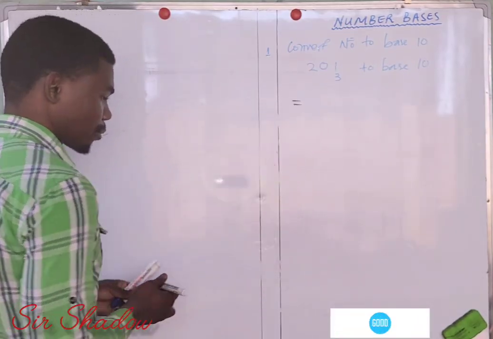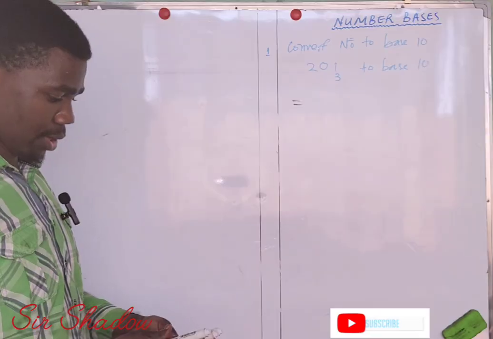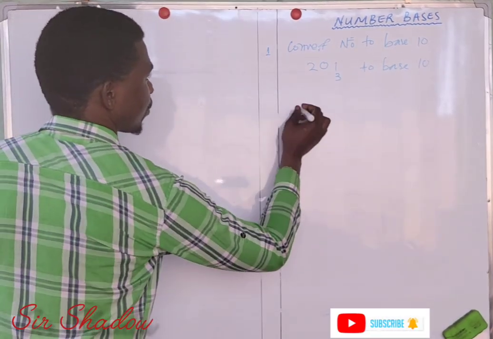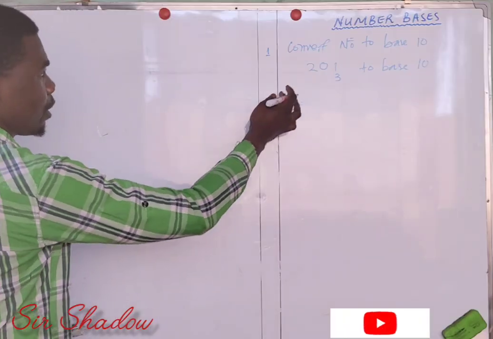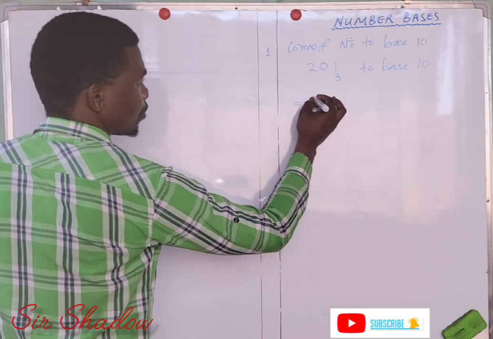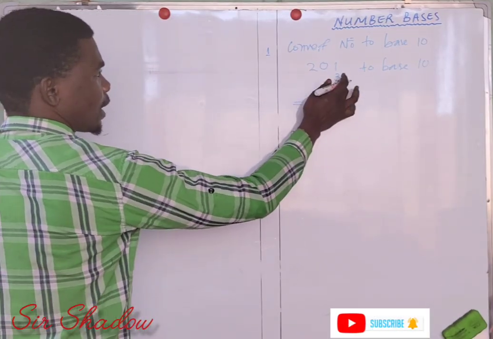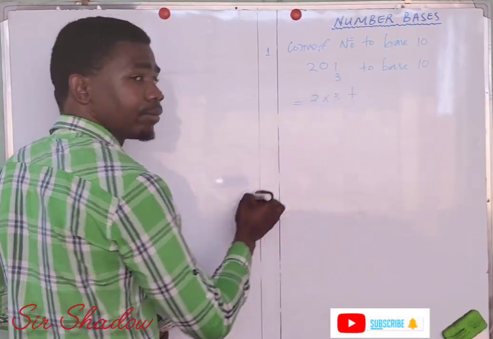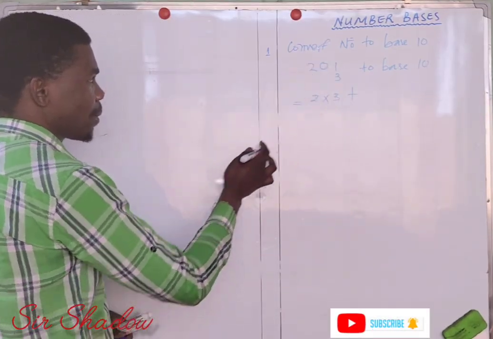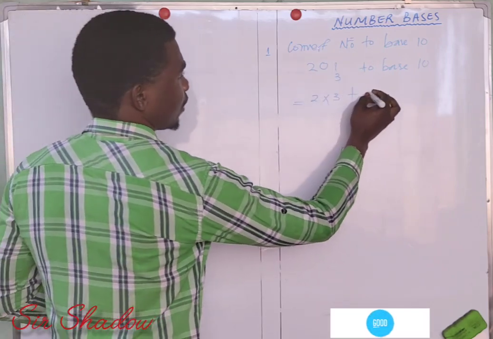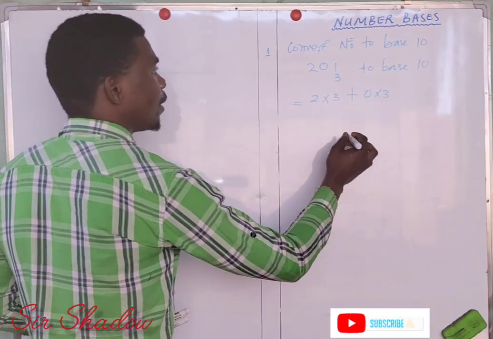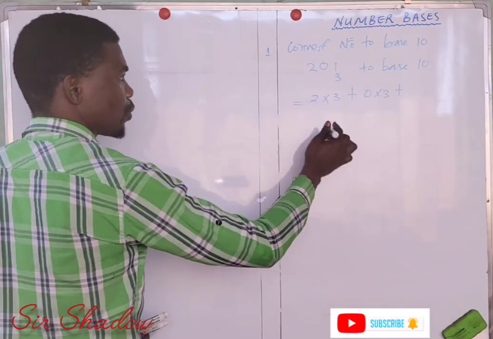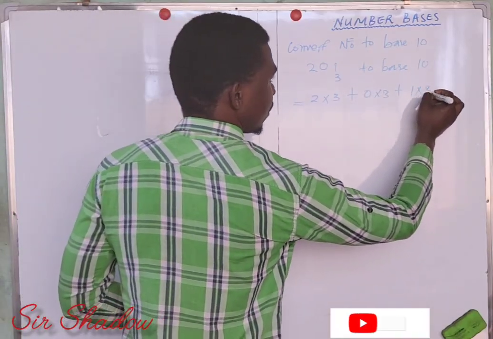This becomes, so what you have to do is take the first digit, which is 2, multiplied by the given base, 2 times 3, plus the next digit, 0 times 3, plus the last digit, which is 1 times the base, right?